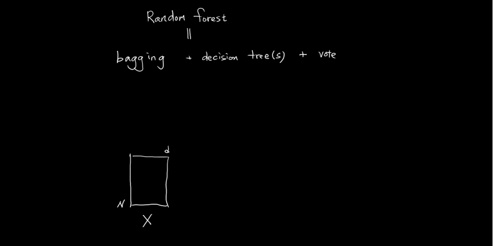I'm not going to use all the features. I just want to take some of them. Okay. So bagging means use only some samples and some features. And how do we choose them? We choose them randomly.